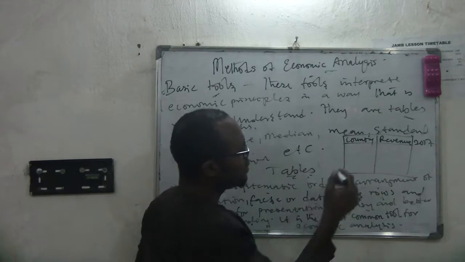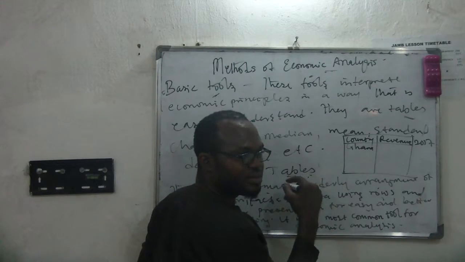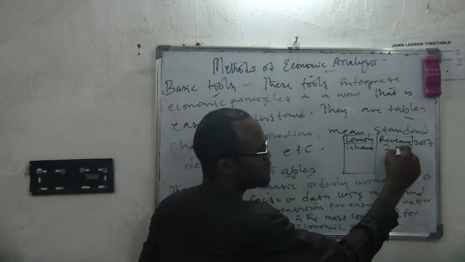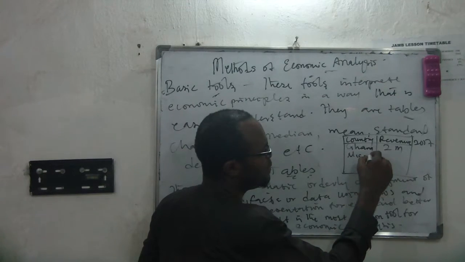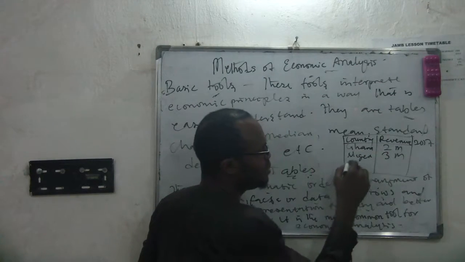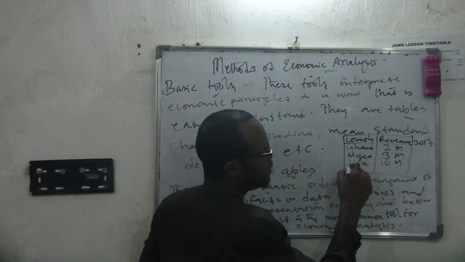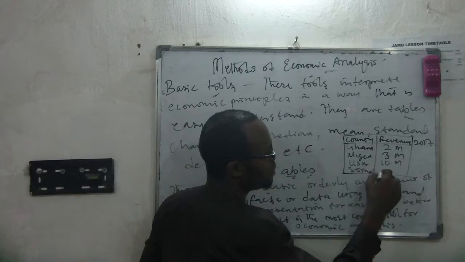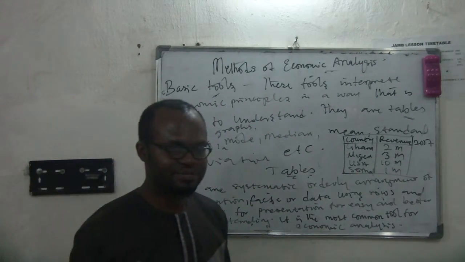So example of country, you say Ghana, 2 million. Nigeria, 3 million. USA, 10 million. Somalia, 1 million.